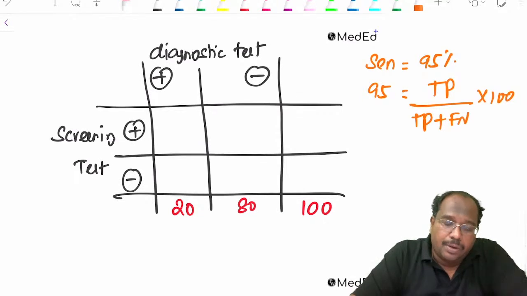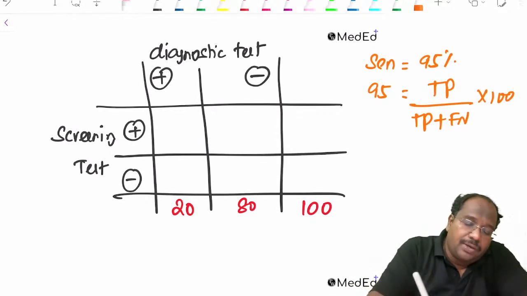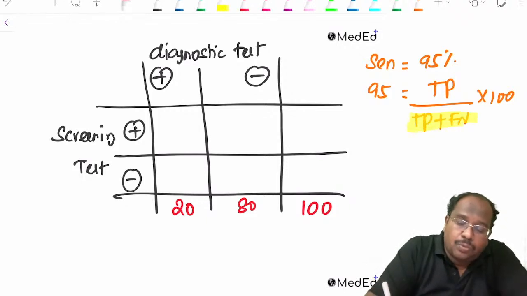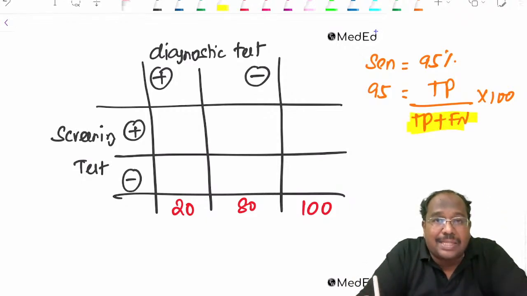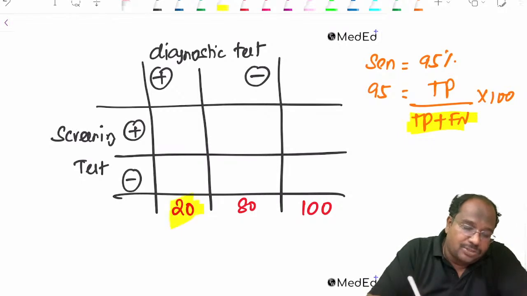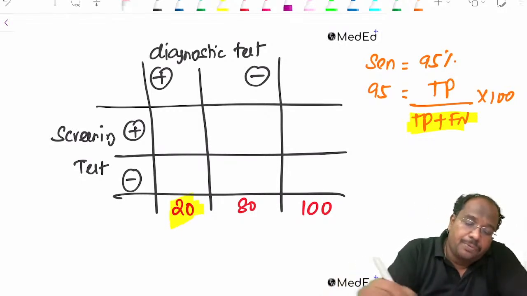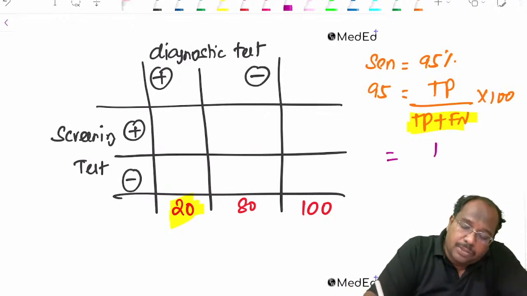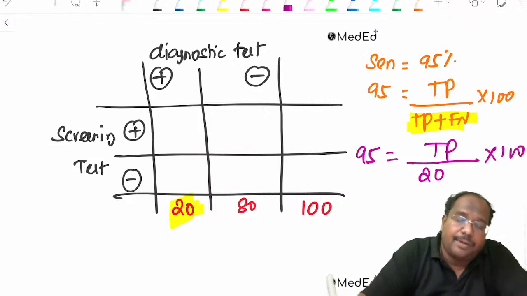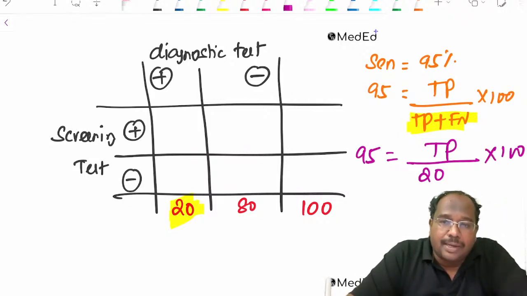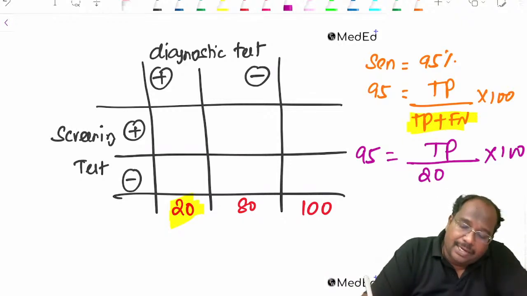Now look here. True positives plus false negatives, what are they? They are the diseased people. So true positives by 20 is 95 multiplied by 100.